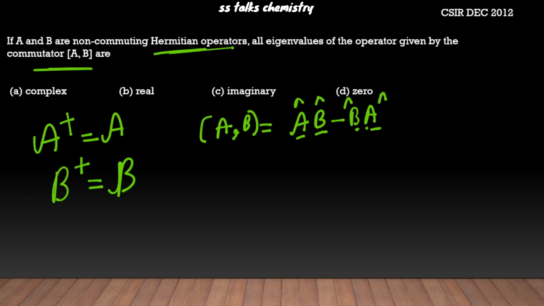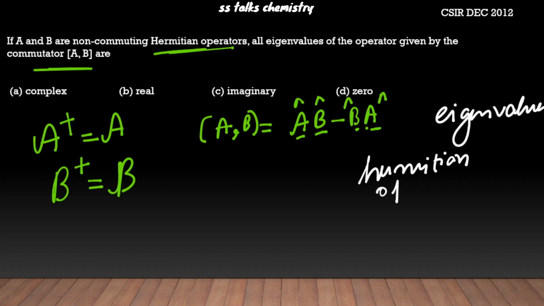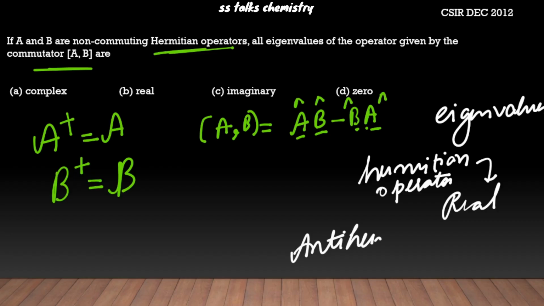Okay. So based upon this we talk about the eigenvalues. If we have the Hermitian operator, the eigenvalues corresponding to the Hermitian operators are real, whereas for the anti-Hermitian operators, the eigenvalues are imaginary.